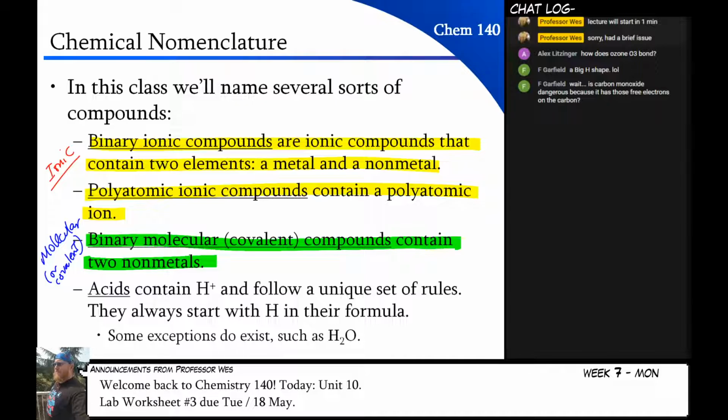So I apologize on behalf of all chemists everywhere. You'll just have to get used to that distinction. And then finally down here, we have another category of compounds called acids. Acids are something that we have not talked about.